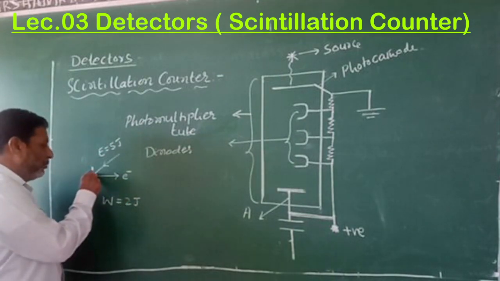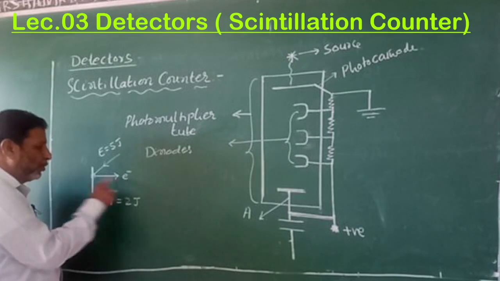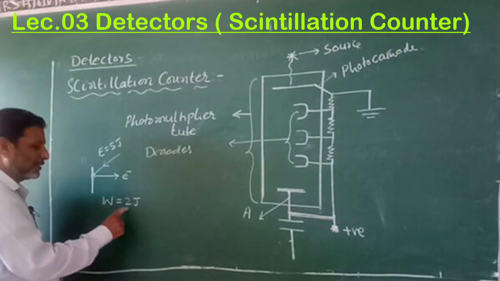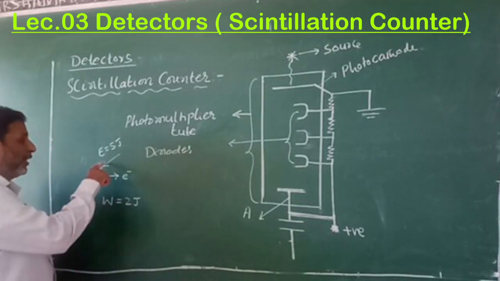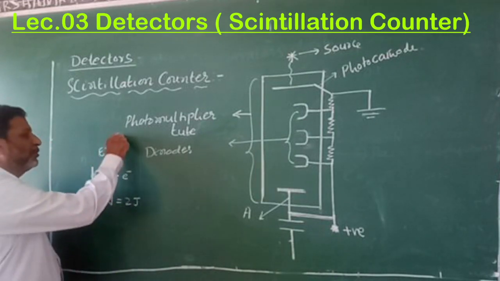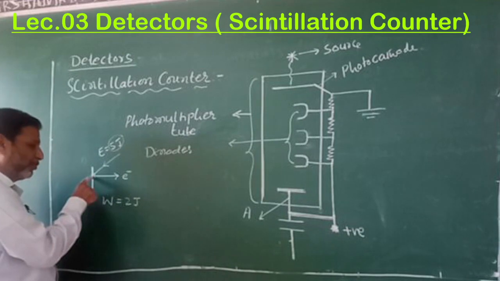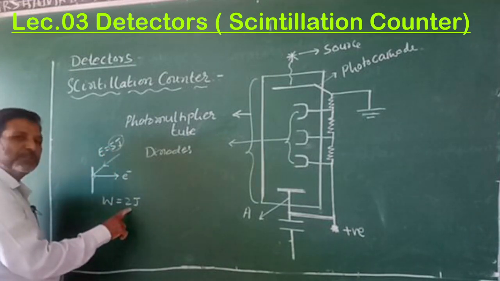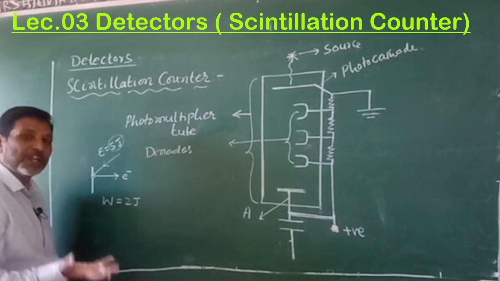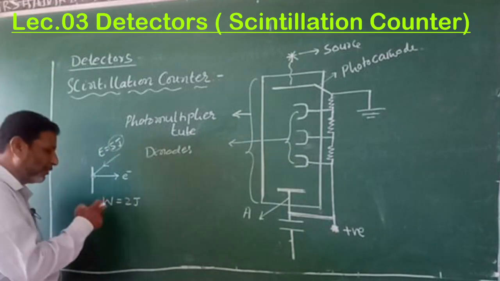The minimum energy required to remove the electron from the metal surface is the work function, 2 joules. When a photon of energy 5 joules strikes this material, out of 5 joules, 2 joules is used for the removal of the electron. That is called the work function.